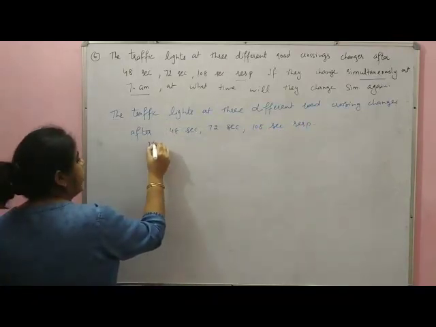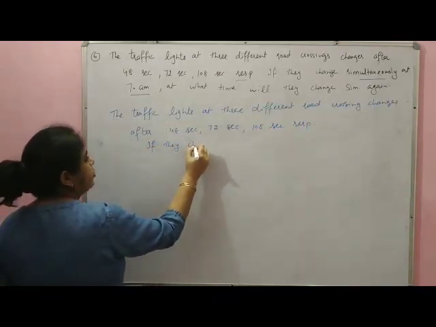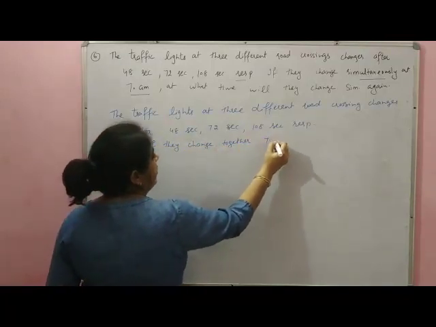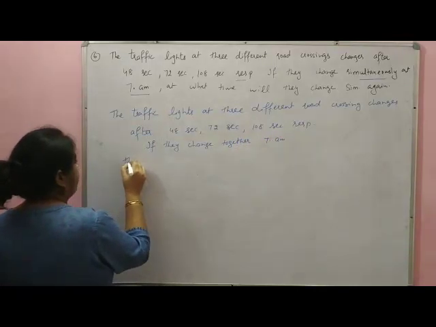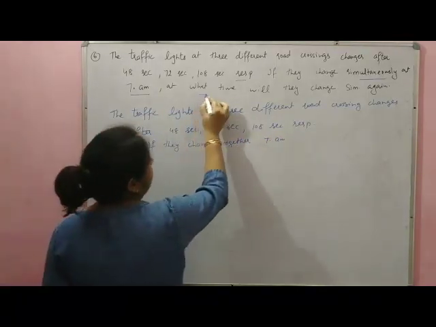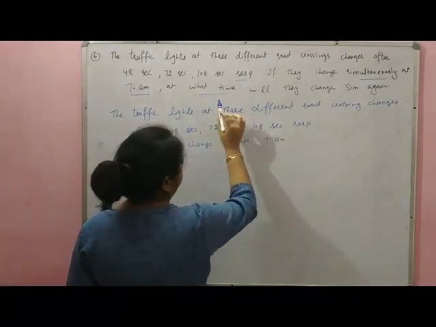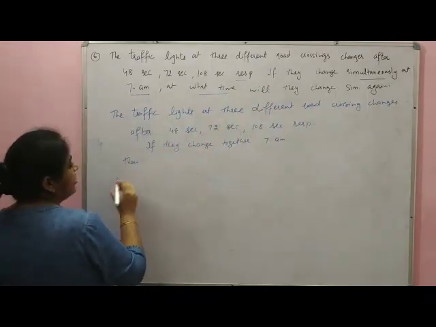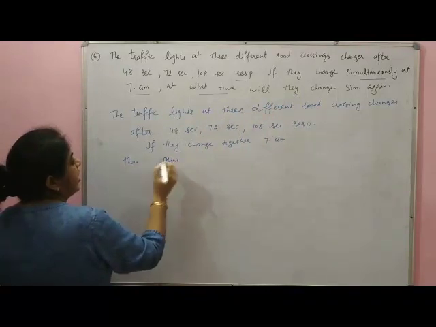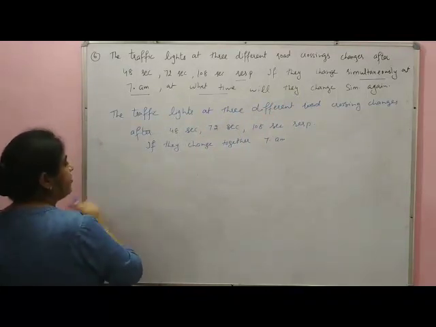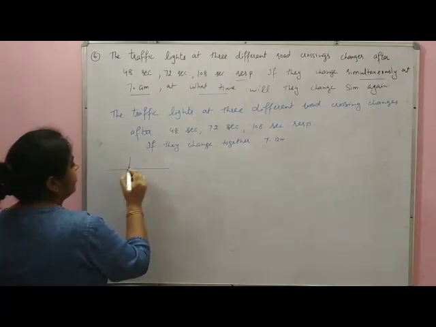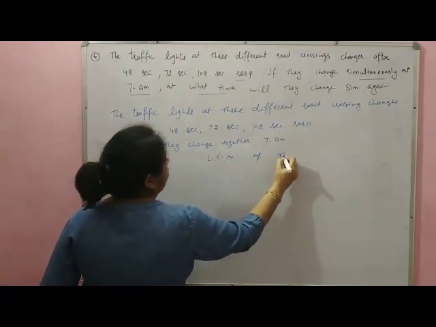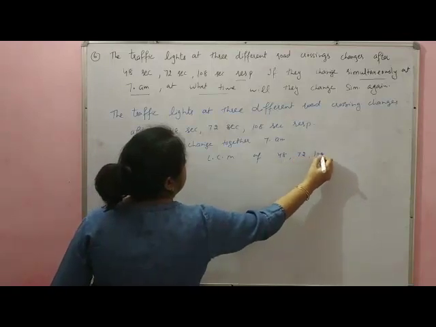If they change together at 7 a.m., then we have to find the time at which all three will change together. For this we will find the minimum time required, so first we will find the LCM of 48, 72, 108.